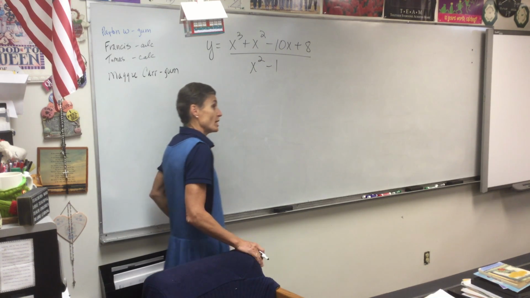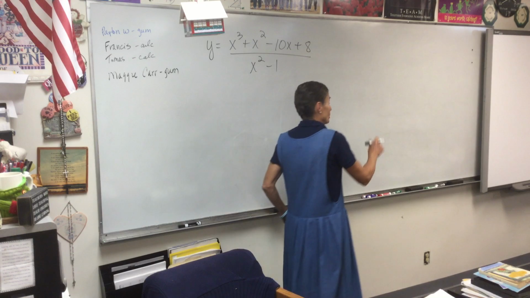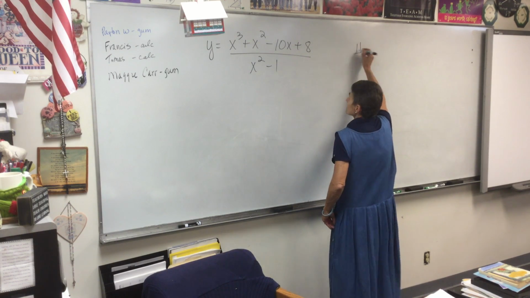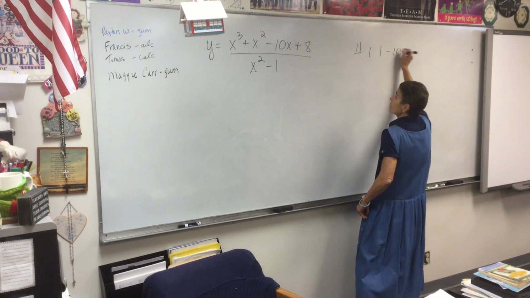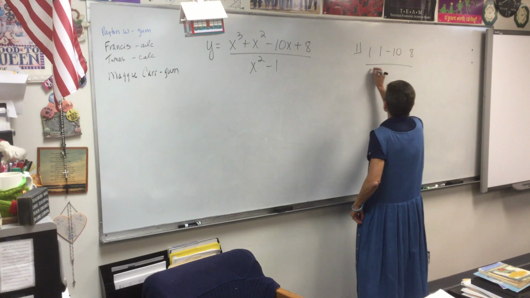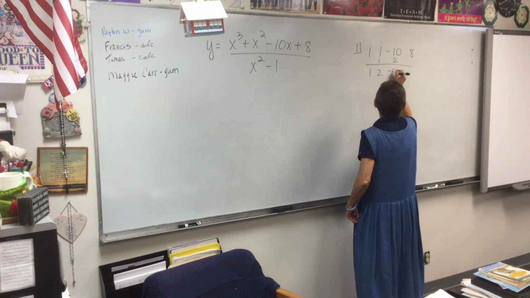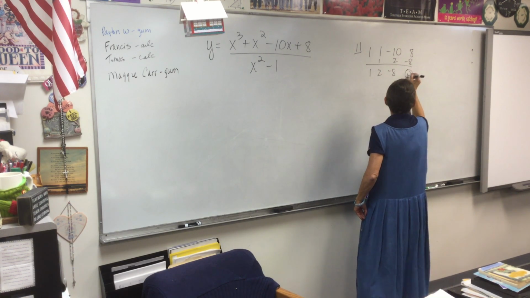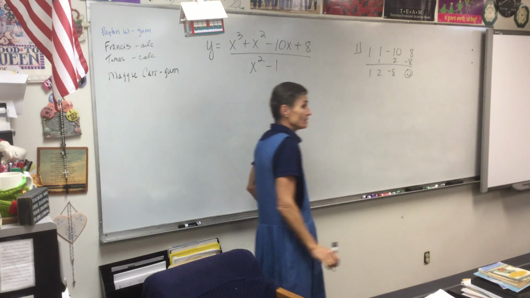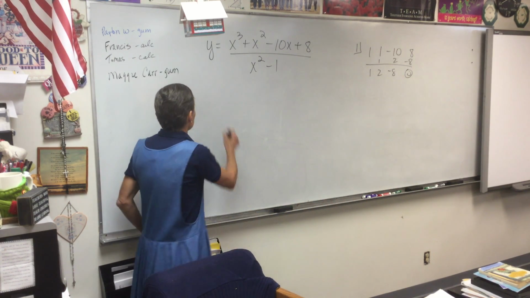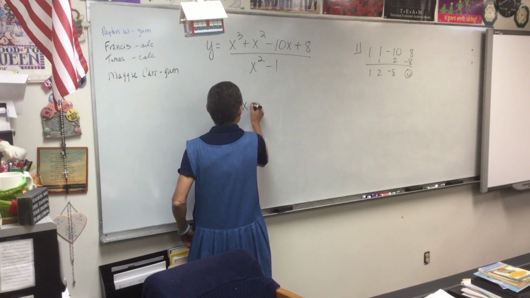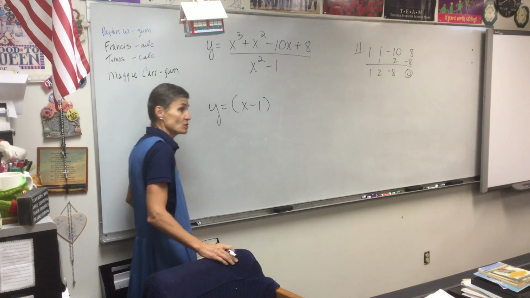Oh, 1 works. Jason said, look, the number 1 works. Oh, yes, it does. And so I'll go ahead and divide it out. And sure enough, the number 1 works, which means one of my factors is x minus 1.